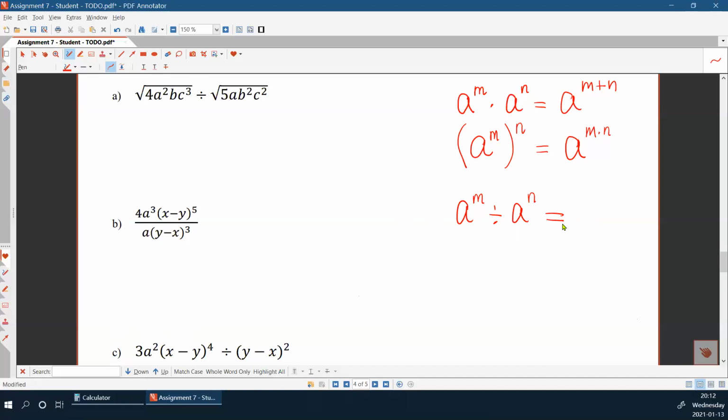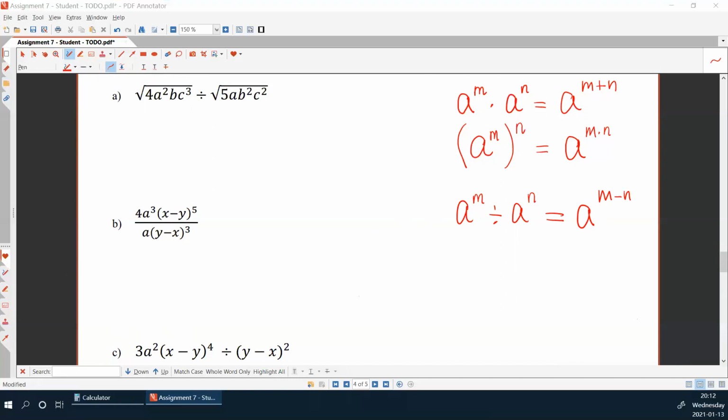It should be actually a to the m minus n, right? m minus n. Oh, sorry. I spoke to the wrong person. I'm talking to Emily all the time. Okay, I'll type it here. Okay, can you see my typing? Remember the brackets, okay?